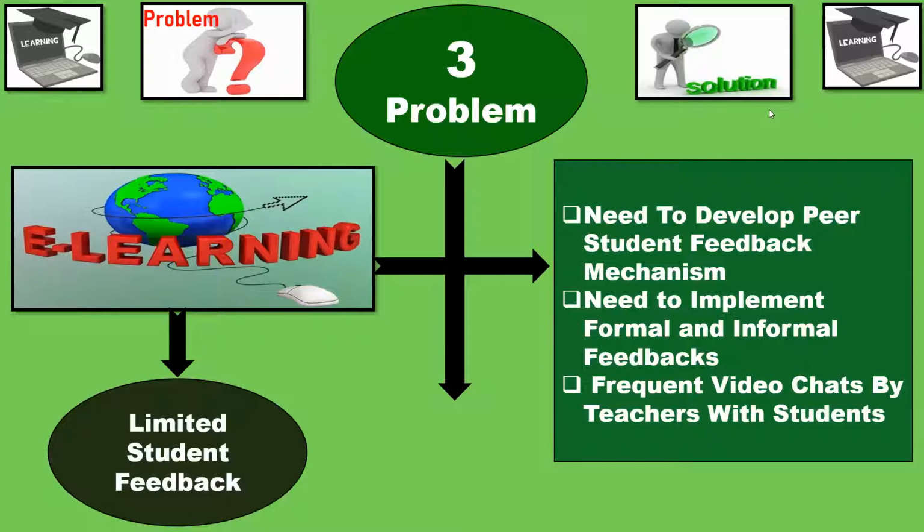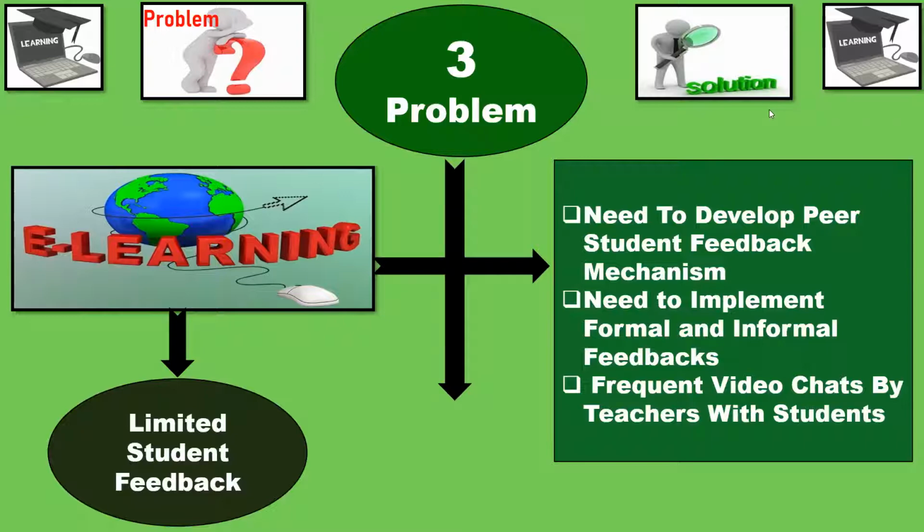Whether it is conventional mode also, this is very, very important. And of course, I feel that maybe below 5% of institutions are following this kind of peer student feedback mechanism. It is very important, especially in online.